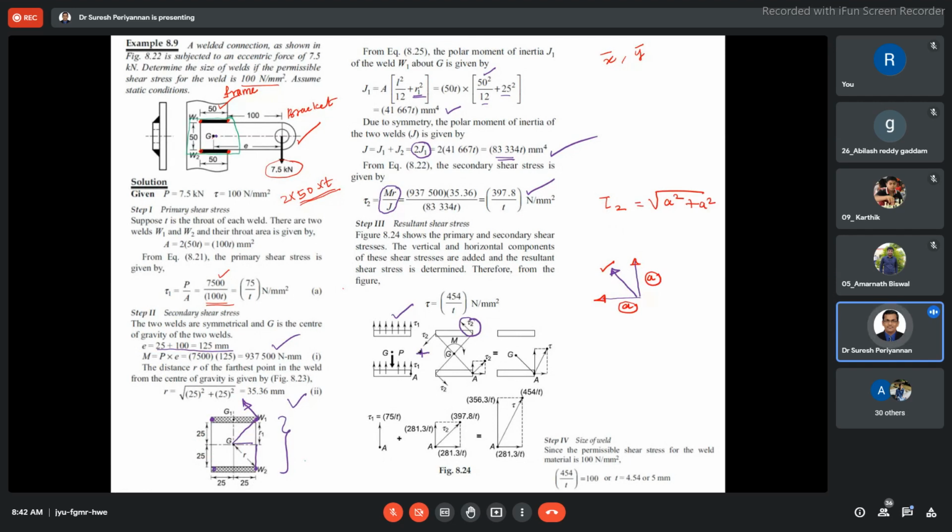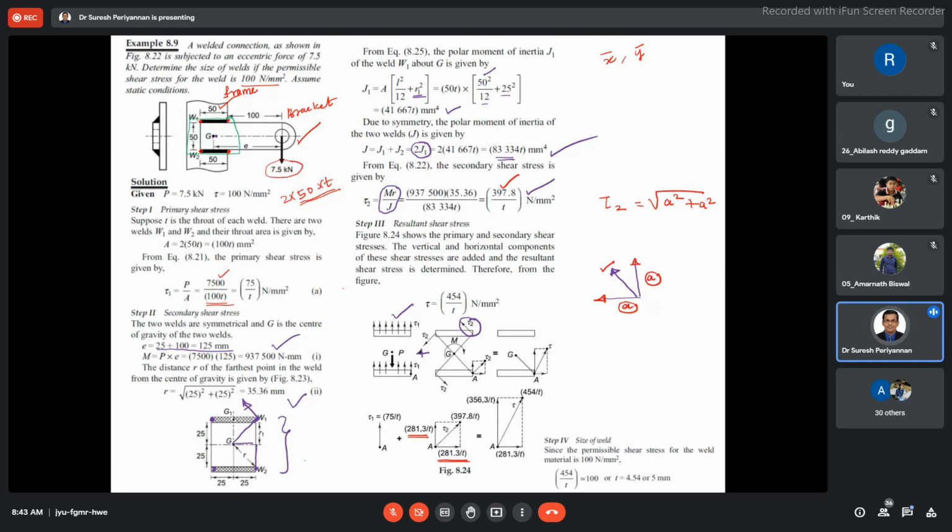Then A squared we have to find out. We know tau 2 is 397.8. Leave T, T is common. Then we come to know that A is nothing but 281.3. Here is the horizontal component, and this is the vertical component.